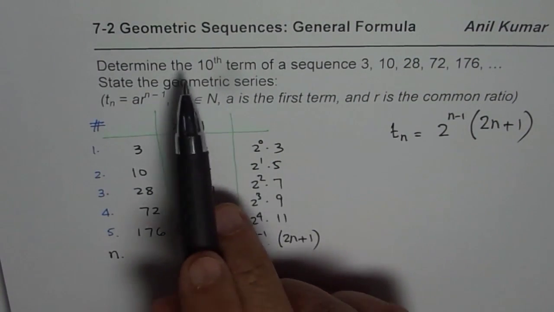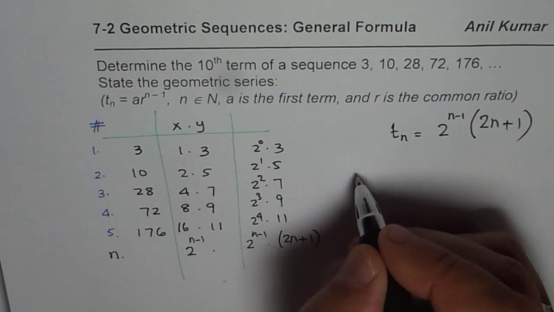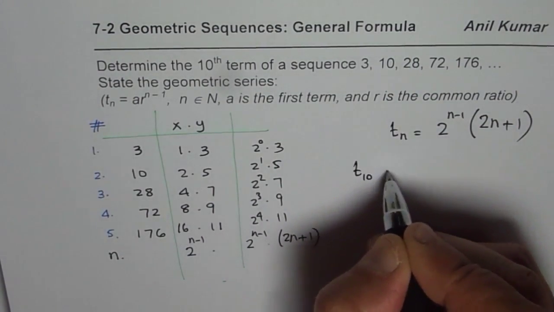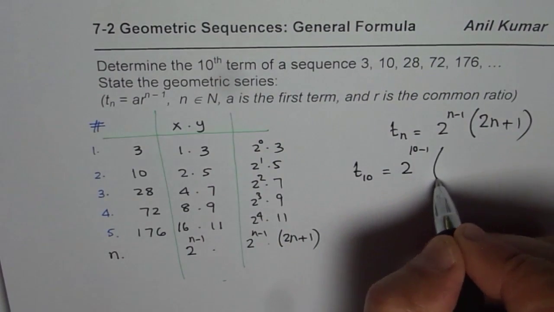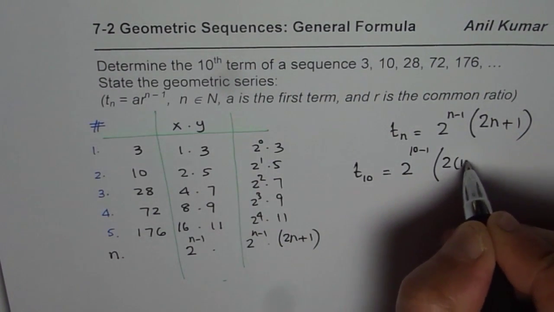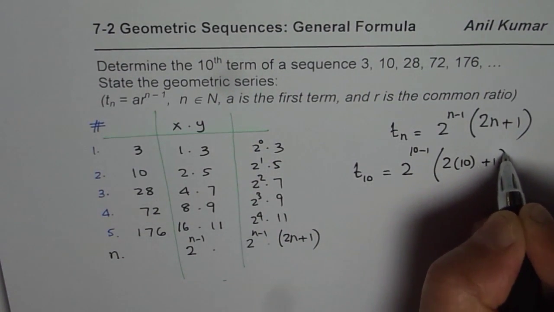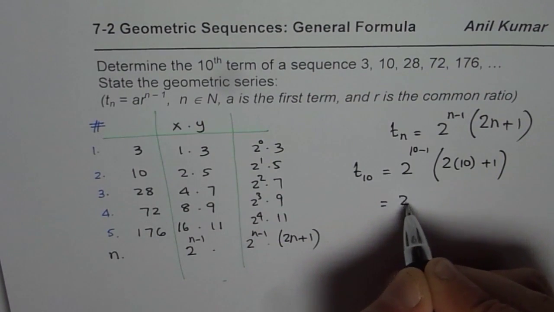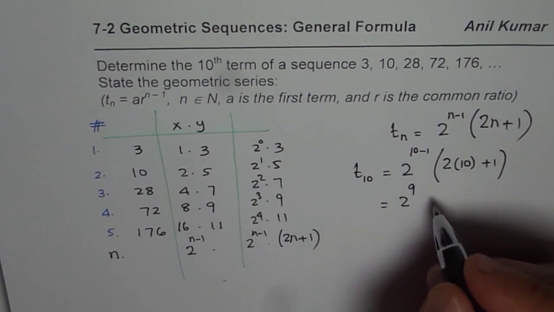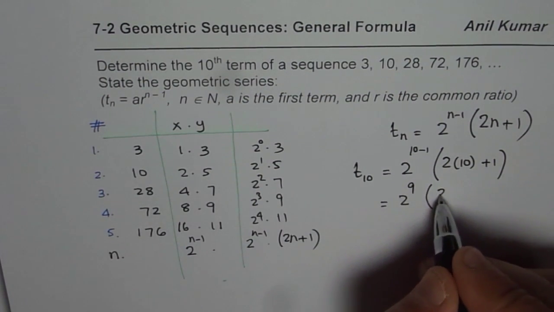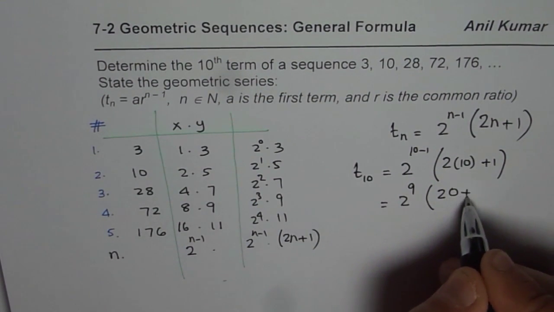Now if you are asked to find the 10th term, that means n is 10, right? In that case we get 2 to the power of 10 minus 1, and here 2 times 10 plus 1. So that is 2 to the power of 9. Remember that 2 to the power of 10 is 1024. And here we get 20 plus 1.